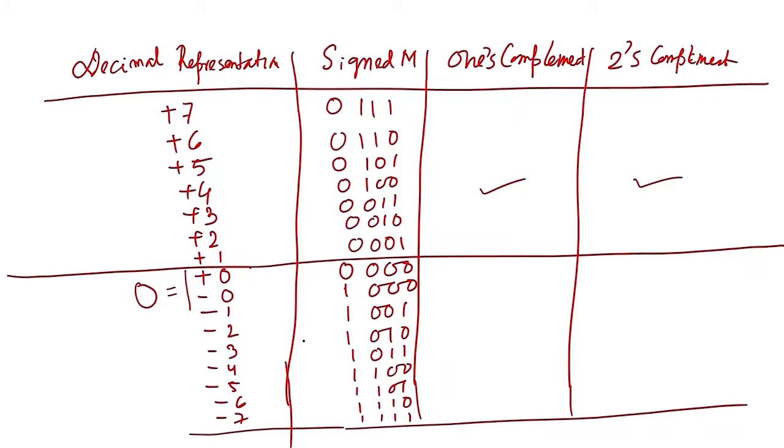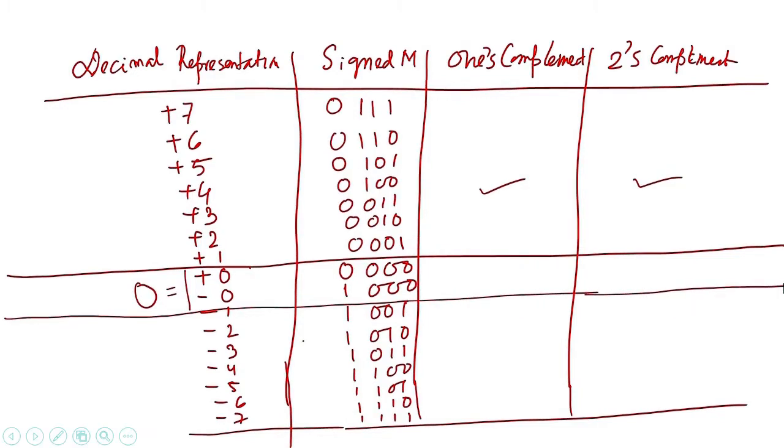Now, we talk about the 1's complement representation of, say, minus 1. So, how do you get it? Here we should have a special treatment for 0. Now, for minus 1 what do you do? For minus 1 what will be the 1's complement?